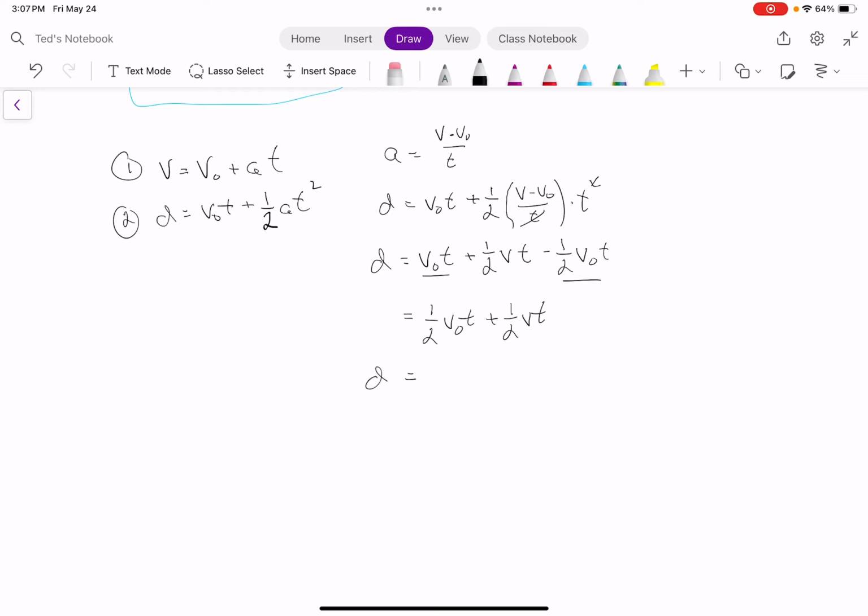And if I write that one more time, I can pull the 1/2 out in front, pull the t out behind, and what I'm left with is initial velocity plus final velocity, and that is my third equation. Displacement is equal to 1/2 initial velocity plus final velocity times time.